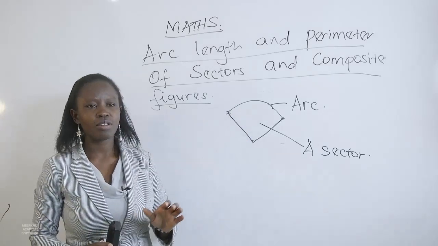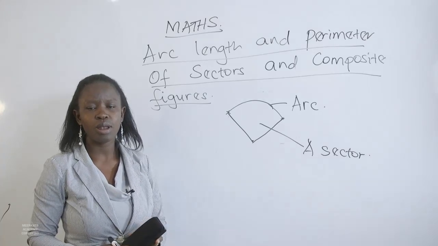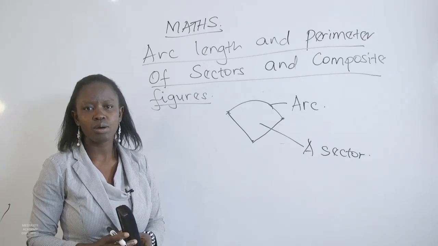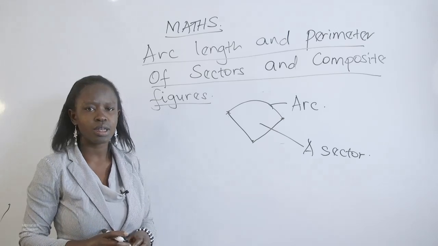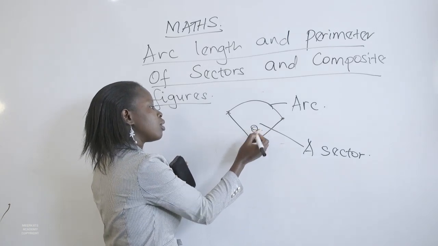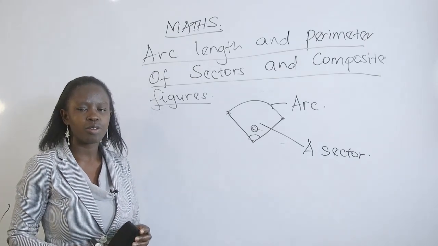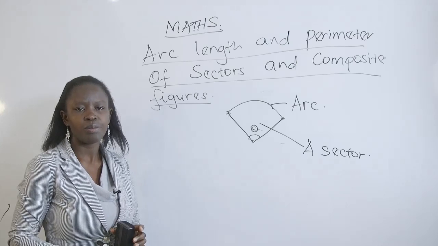You discover that when this arc is taken out of the circle, there is an angle that is subtended at the center of the circle. So this is the angle that is subtended at the center of that given circle.